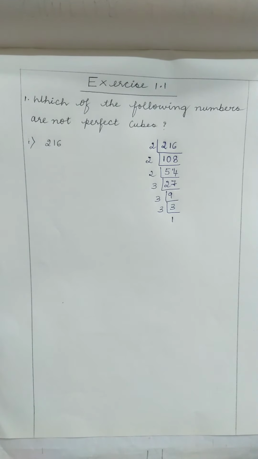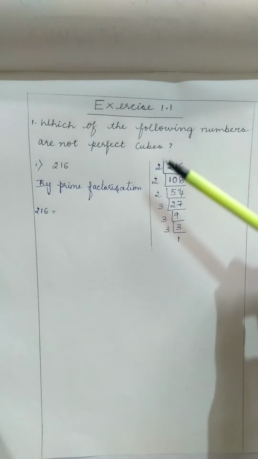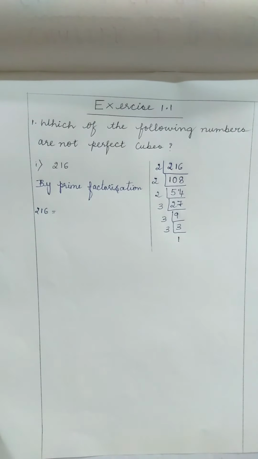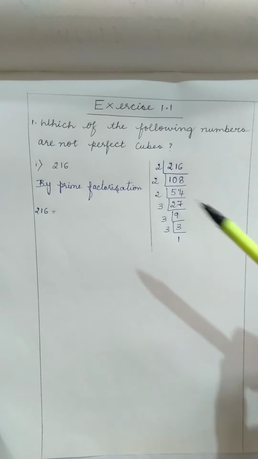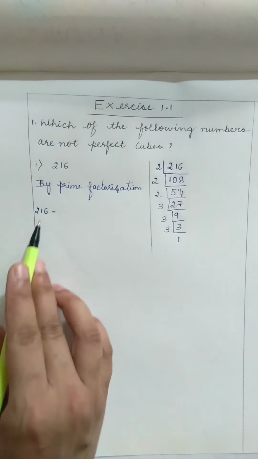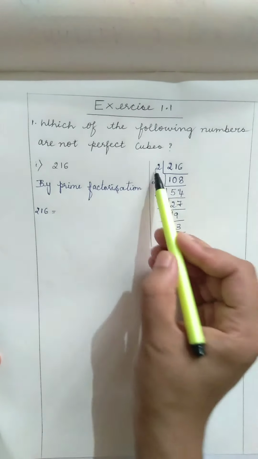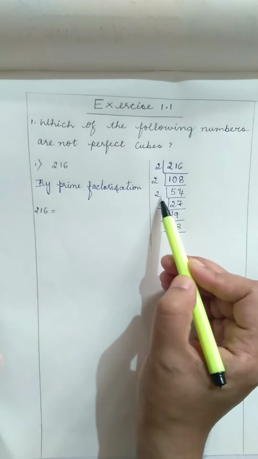Therefore, by prime factorization, this is the factorization. Prime factorization means you can observe that 2 and 3, those two are prime numbers. Therefore, by the prime factorization, we got the factors of 216. Now, let us count the factors. 2 has been repeated 3 times.